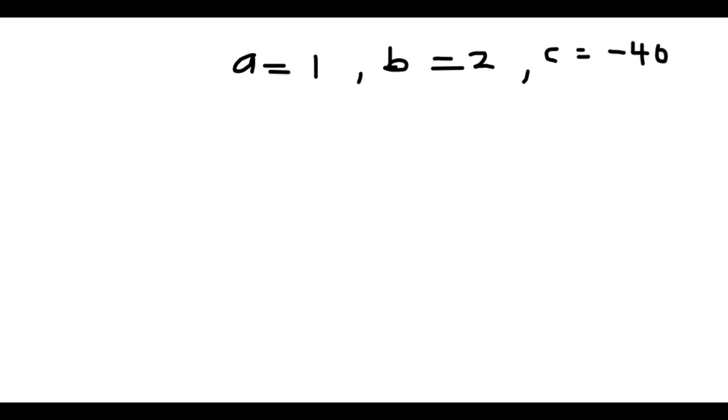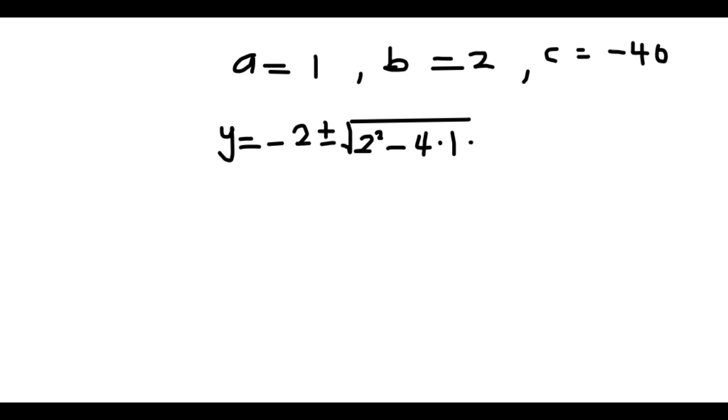So inserting these values into the formula, we have y equals minus 2 plus or minus square root of 2 squared minus 4 multiplied by 1 multiplied by minus 40, everything over 2 multiplied by 1.